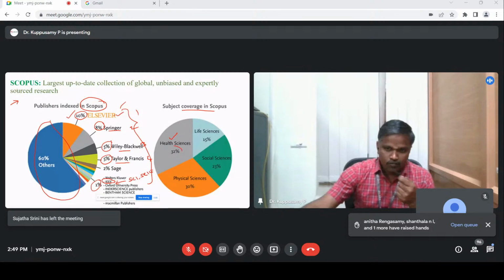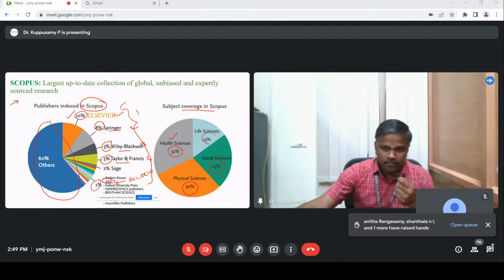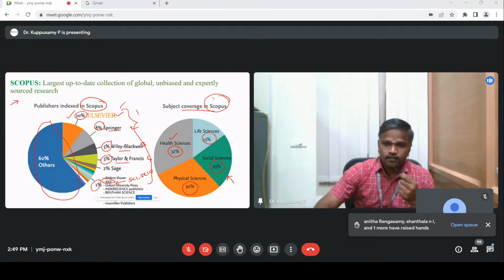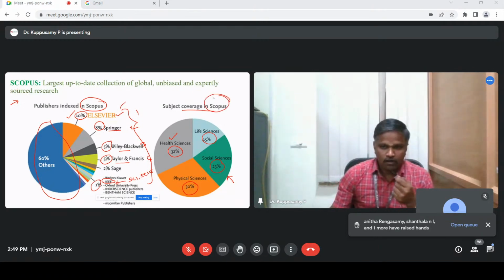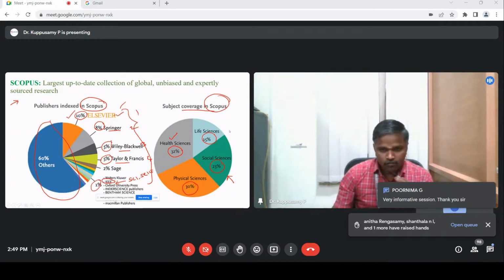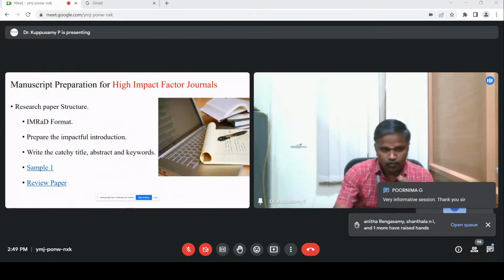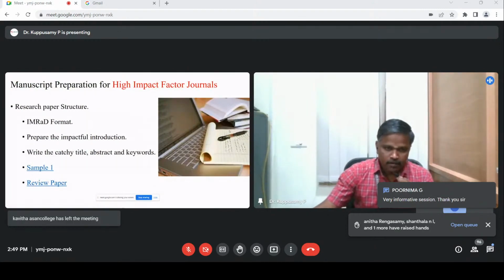Health sciences 32%, physical sciences 30%, social sciences 23%, and life sciences 15%. So for your field, 23% of journals and articles are published in Scopus indexed journals.